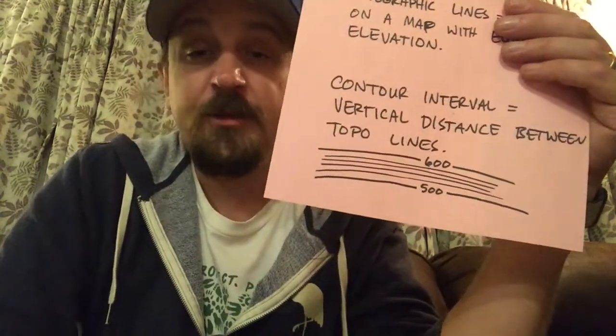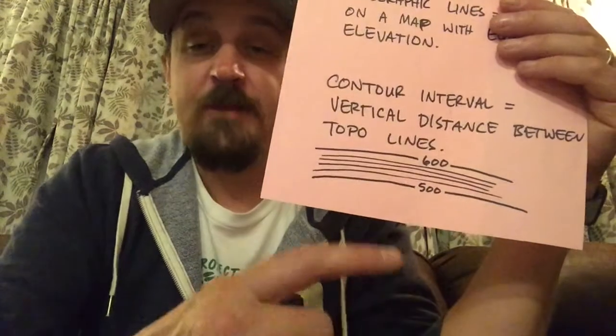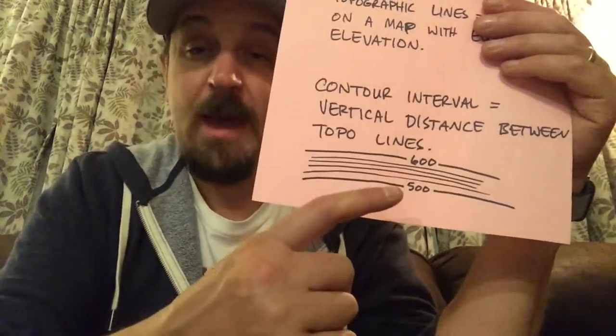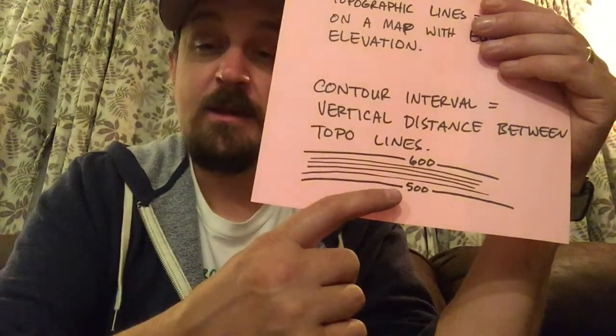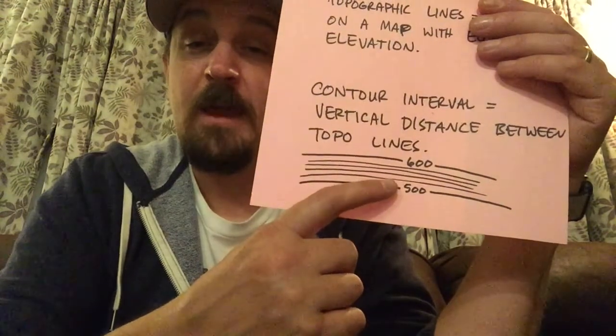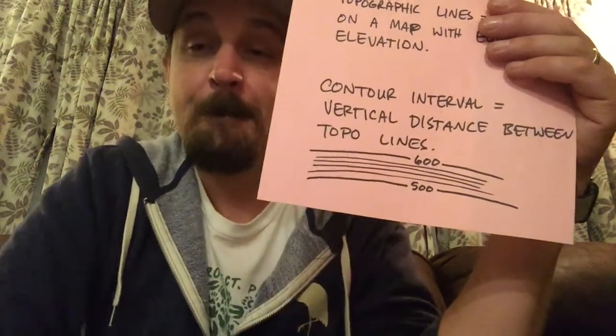Last couple little points. If I have a point on a map that is, say, between the 500 line and the 520 line, what elevation would it be? I don't know. There's no way to tell. The map doesn't have enough information to give me that elevation. But I know two things.